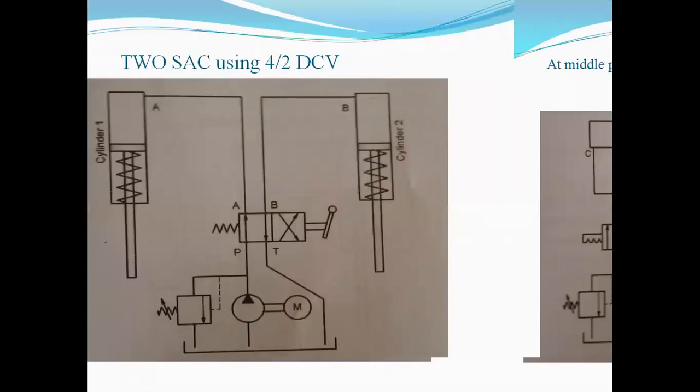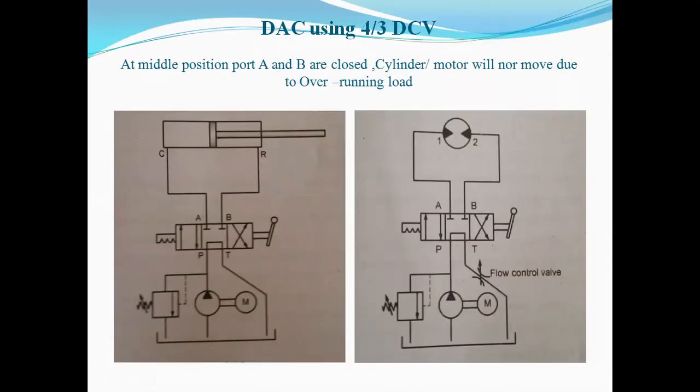Okay. So for that purpose, it is recommended that while we use the rotary actuator, we have to install the flow control in that. That's why here the flow control is placed, so that when we have to change the direction of oil, we have to control the flow of oil so that the speed of motor will decrease.